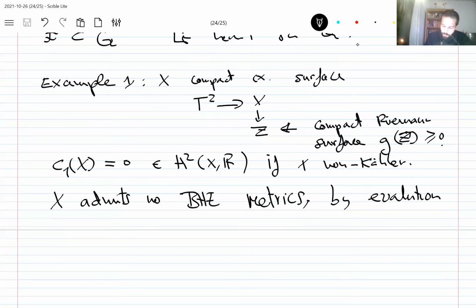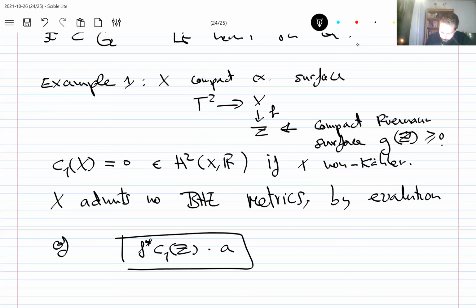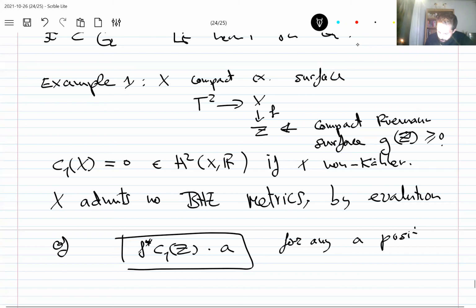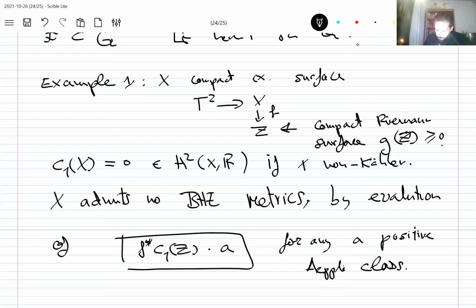So X admits no Bismuth-Hamiltonian symmetric by evaluation of this inequality. Let me call this F, of this quantity for any positive class.